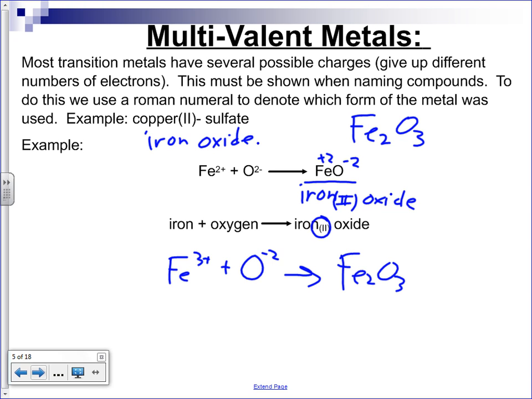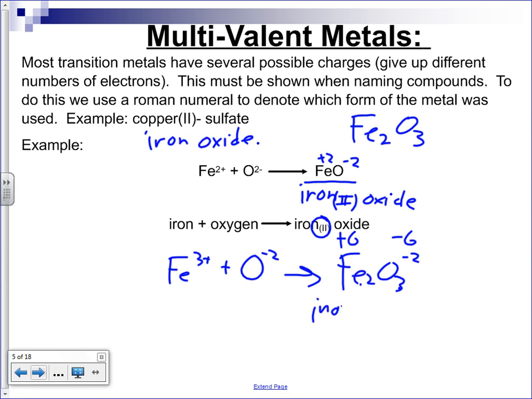Same thing with this. If I'm looking at this, oxygen is always -2, and I don't know what this iron is. 3 times -2 is -6. So I have to have how many positive charges for this compound to come out to 0? I have to have 6 positives. So if there's 2 irons, each one of the irons must have had a charge of 3.